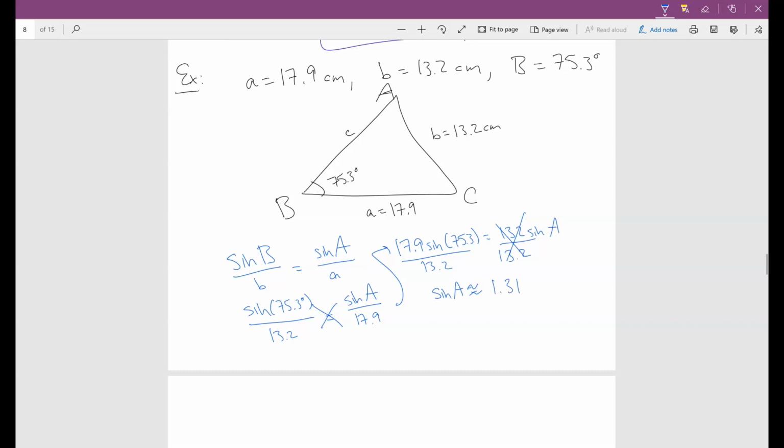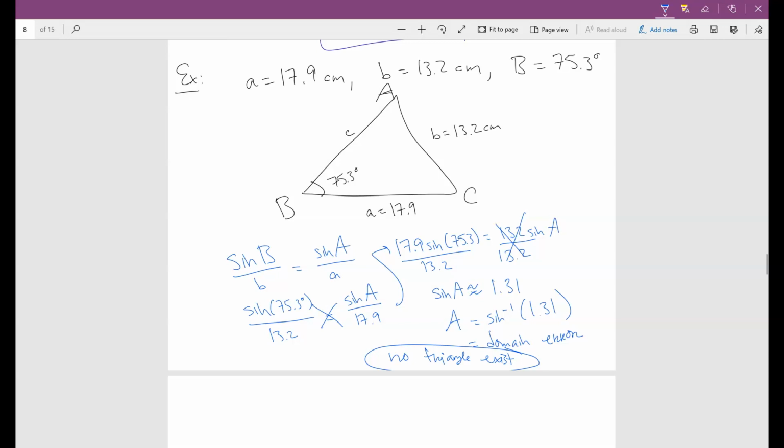Now notice here that this exceeds 1. So you could have stopped right here and said this is going to be no triangle. I'm going to take it a little further so that you can check. Take sine inverse of 1.31, and what you're going to get is a domain error. So what can we say? No triangle exists. At this point, all you can do is stop and not do anything else.